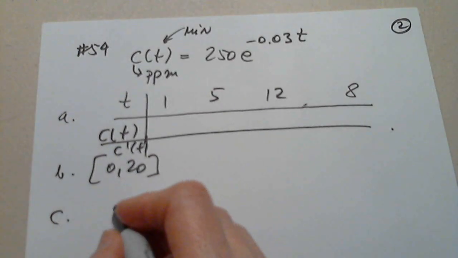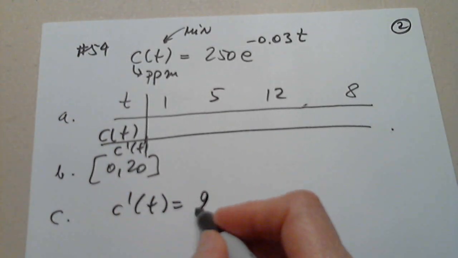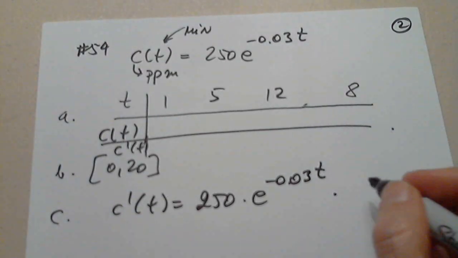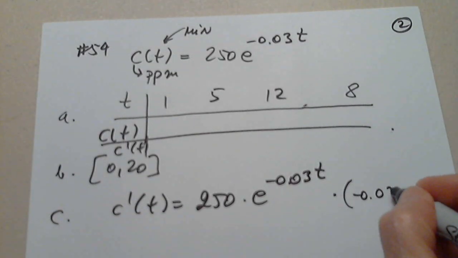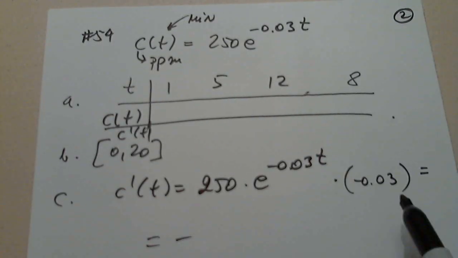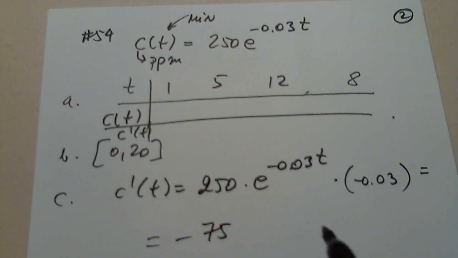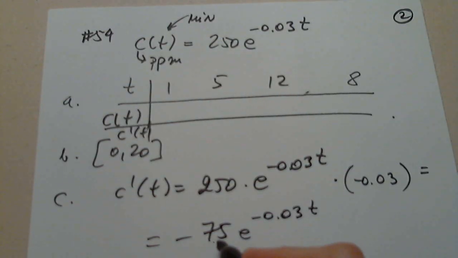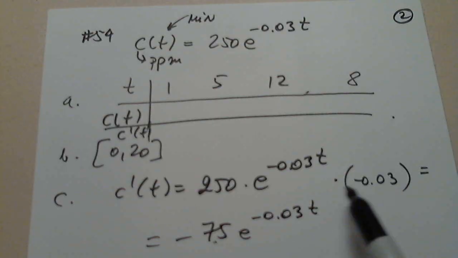So C prime of t is 250 times e to negative 0.03 t times the inner function prime. Okay, so this is negative 3 times 25 is 75, and I have 2 decimal digits. So it's 7.5 e to negative 0.03 t. Am I correct?